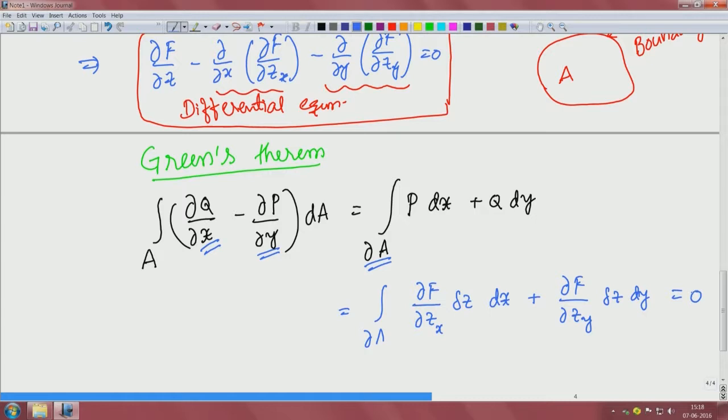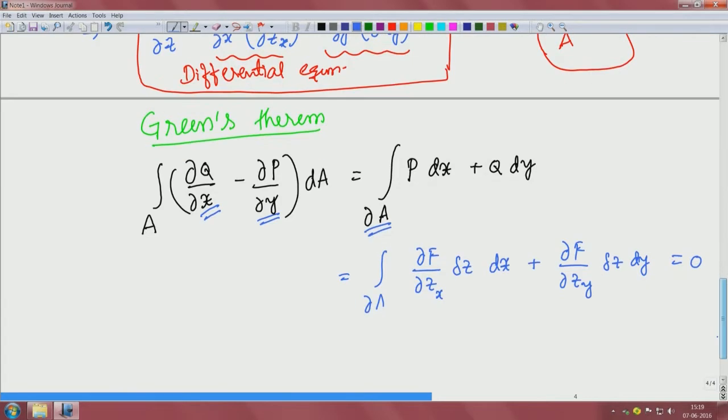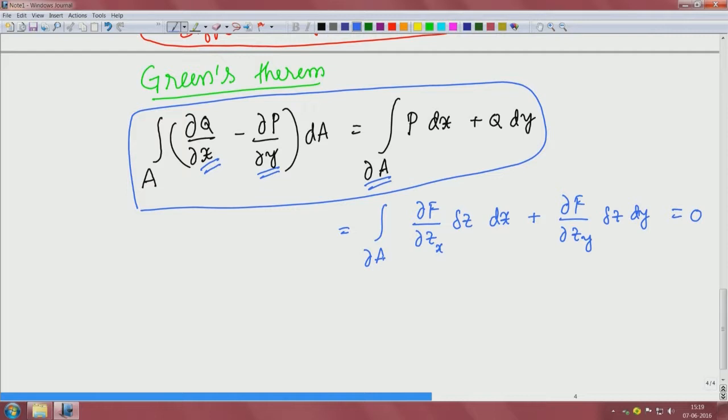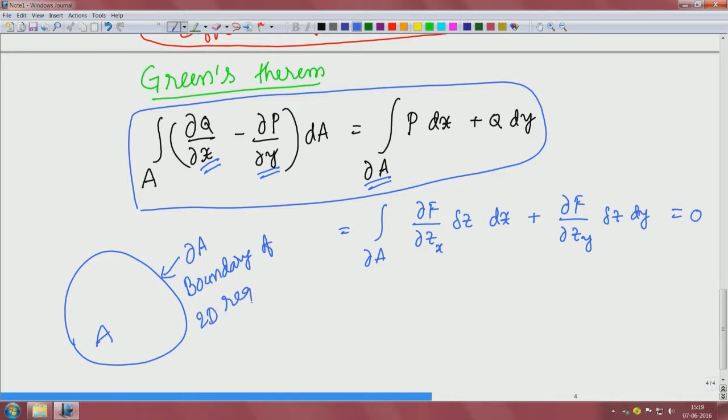that should be equal to 0, because that is the condition we had according to Green's theorem. We got a boundary condition that over the boundary of that region, if this is A, this is our ∂A, which is the boundary of region A. This is the boundary of the 2D region A that we have. If this is the region, we have the boundary, and that is where the boundary condition says ∂A, we have to go around the boundary like this.